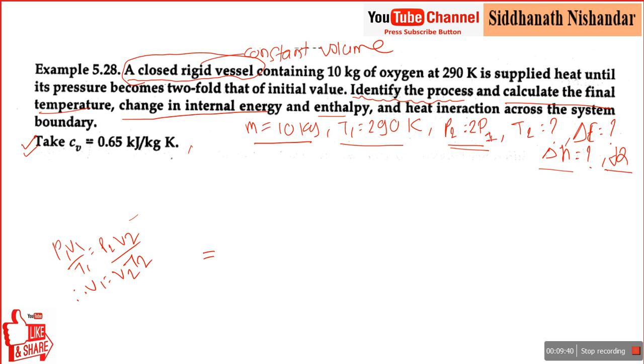For constant volume process we use the general gas equation P1 upon T1 is equal to P2 upon T2. Since volume is constant, the volume values cancel each other. So we get the relation P1 upon T1 is equal to P2 upon T2. They gave the relation for the pressure, T1 is given, so we can find T2 using this relation.